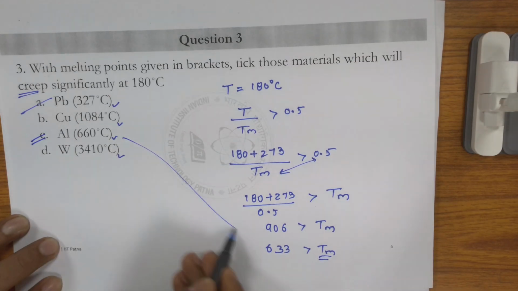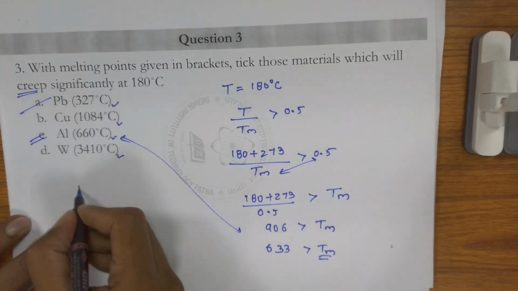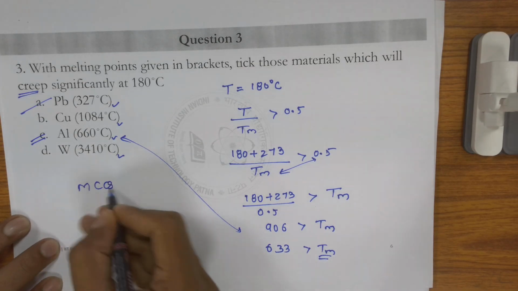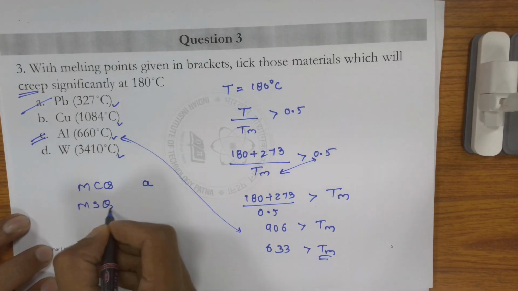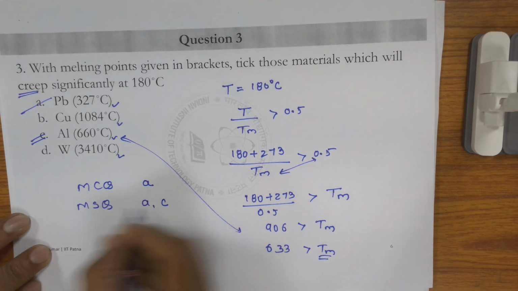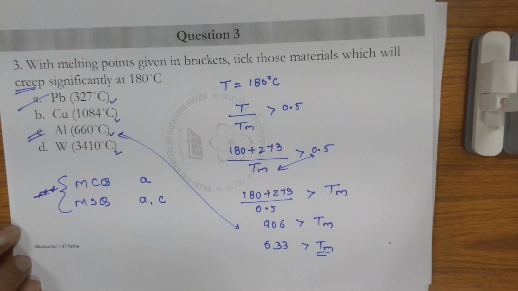They are very near to each other. So if the question is MCQ, I will only select option A. If the question is MSQ, I will select A and C both. Okay, so with that we have solved this question.